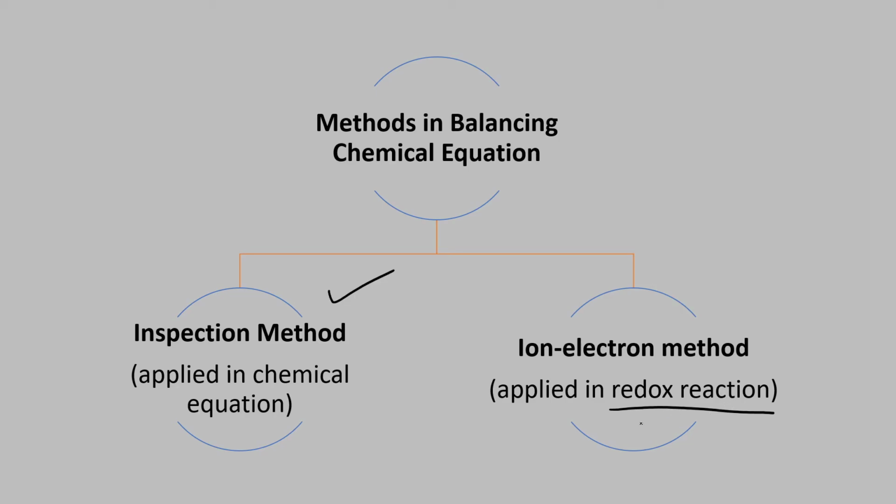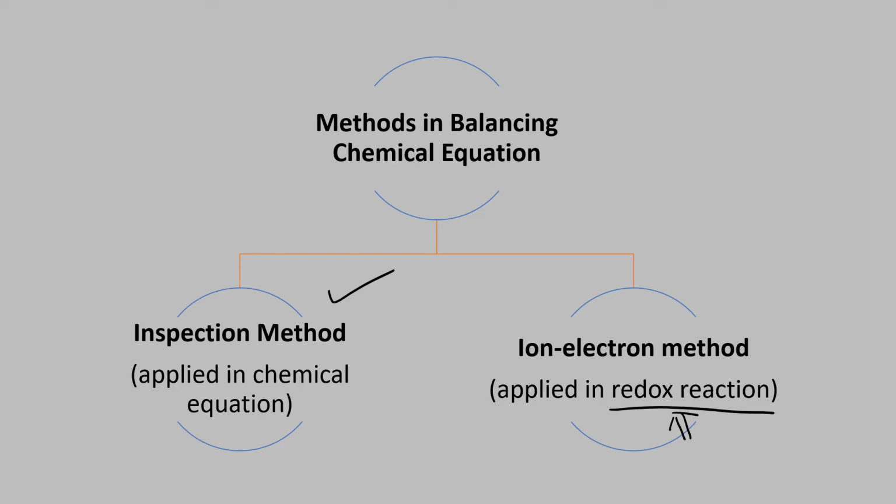So in a redox reaction, if they tell you the chemical reaction happens in redox, then we use this. If they don't tell you, we usually use the inspection method.